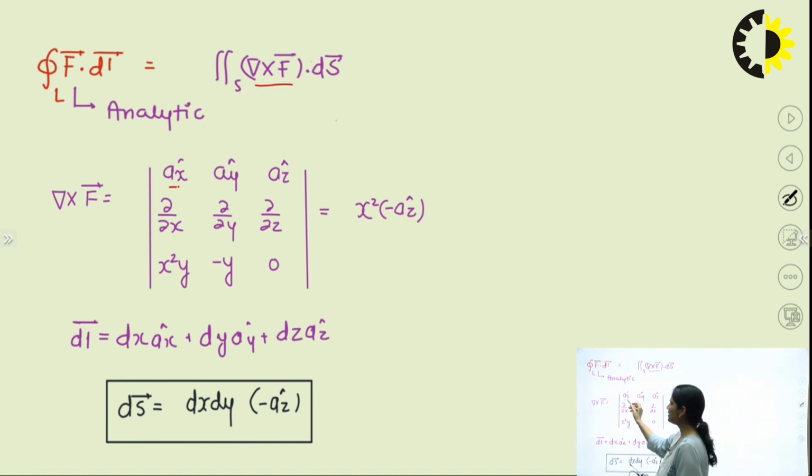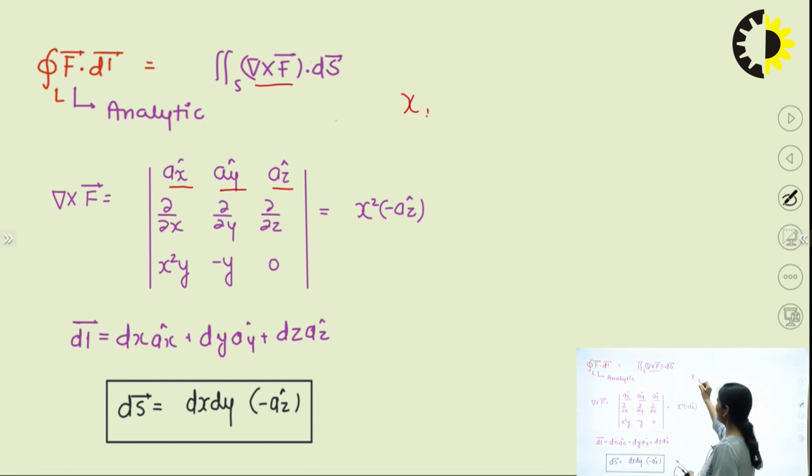This is unit vector of x, this is unit vector of y, this is unit vector of z. Now del upon del x, del upon del y, del upon del z. It is in rectangular coordinates, so rectangular coordinates are represented in the form of x, y, z. First we write down the unit vectors of x, y, z.